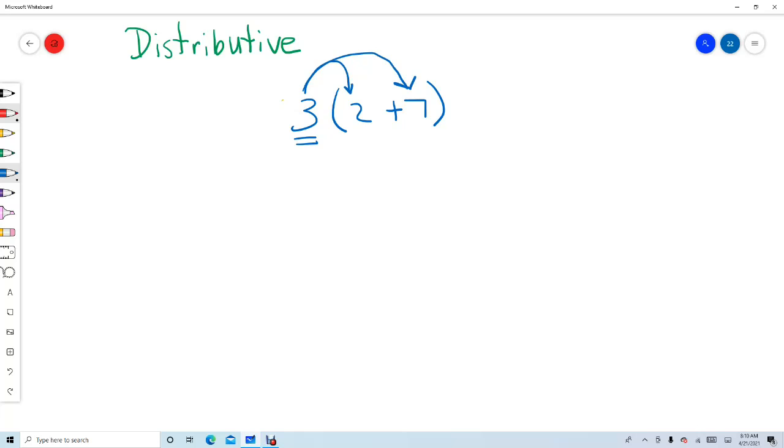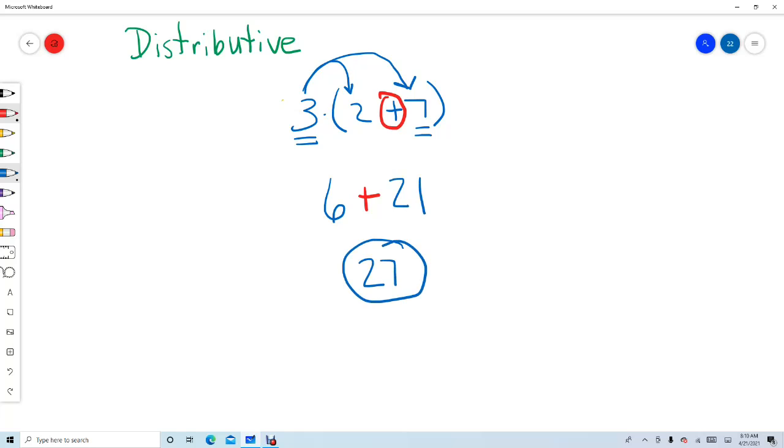So we know that when there's a number sitting right next to a set of parentheses, that indicates multiplication. So I must multiply 3 by the 2, and that's 6. I want to preserve my plus sign here, and I'll drop that down. And then I multiply my 3 by my 7, and that's 21. And the whole thing there is 27.